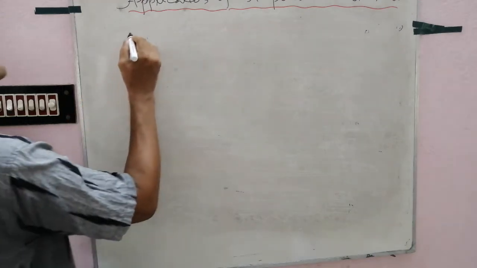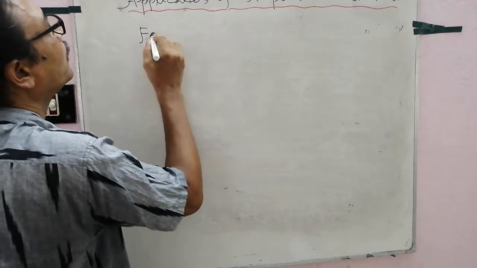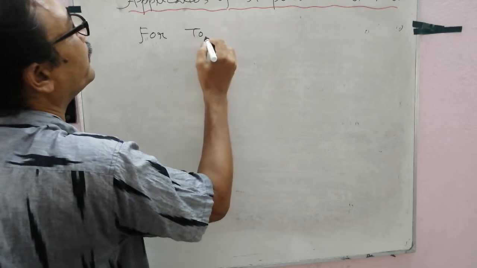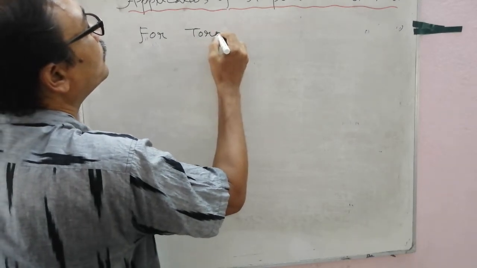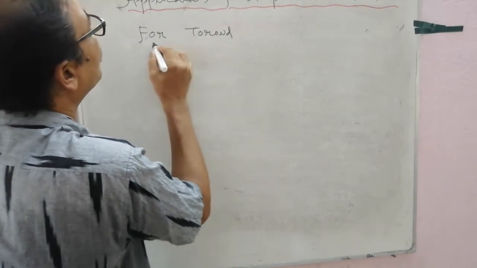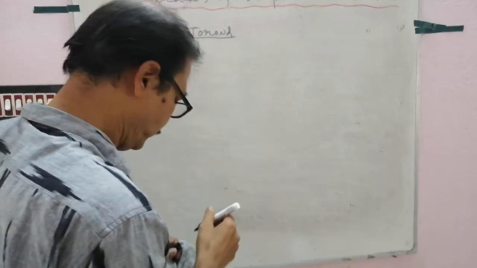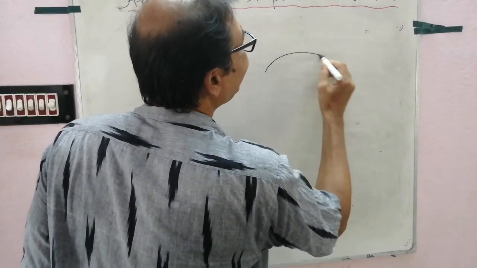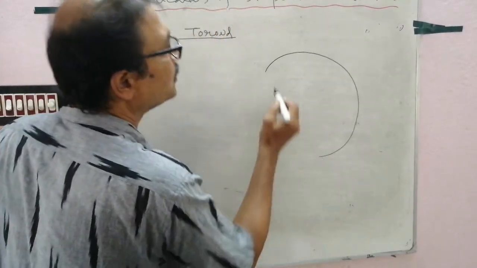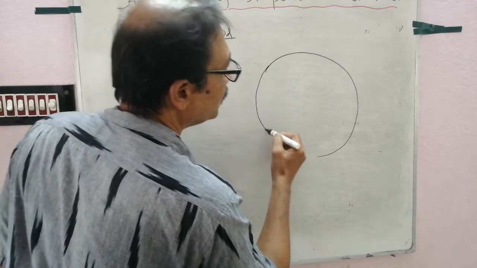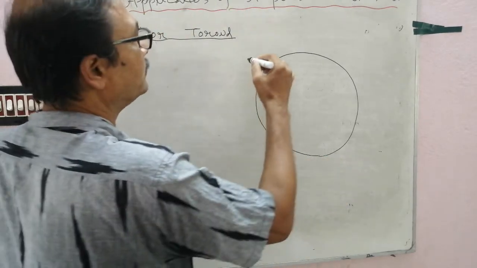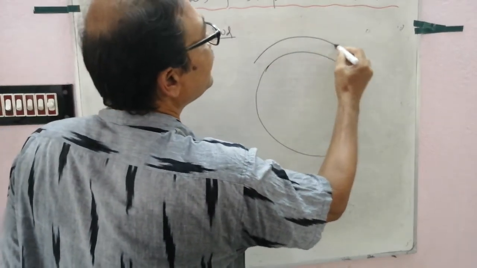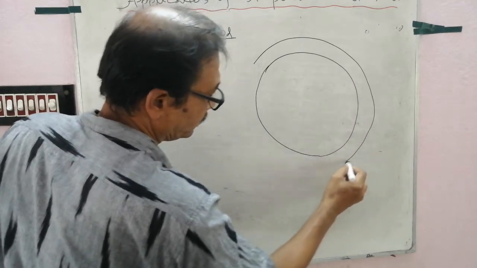Application for a toroid. What is a toroid? Suppose this is a hollow ring.